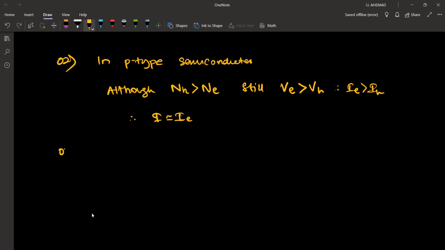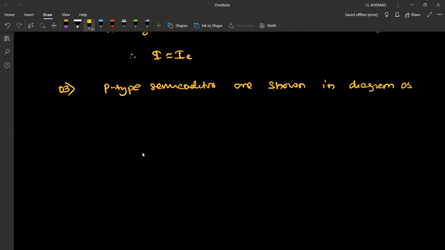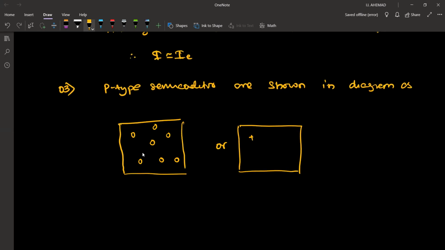We can denote p-type semiconductors in diagrams as holes or positives.